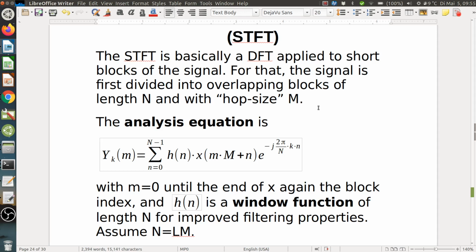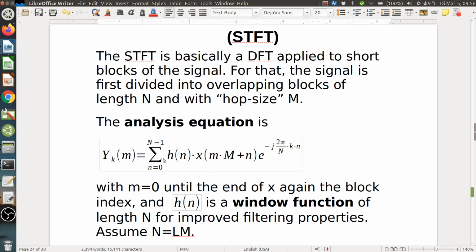So we apply the DFT to a block of length N, one piece of our signal, then we shift it by M samples and apply it again. This is what we see here. The x samples start at mM, and then they go on with a sum index lowercase n. There's also this h of n, a window function of length N for improved filtering properties.